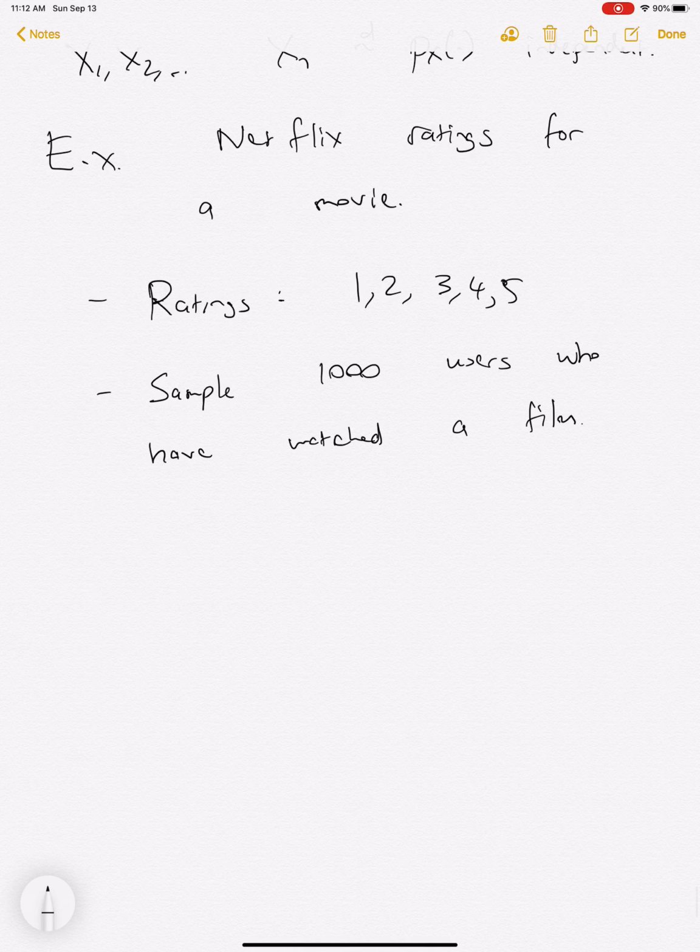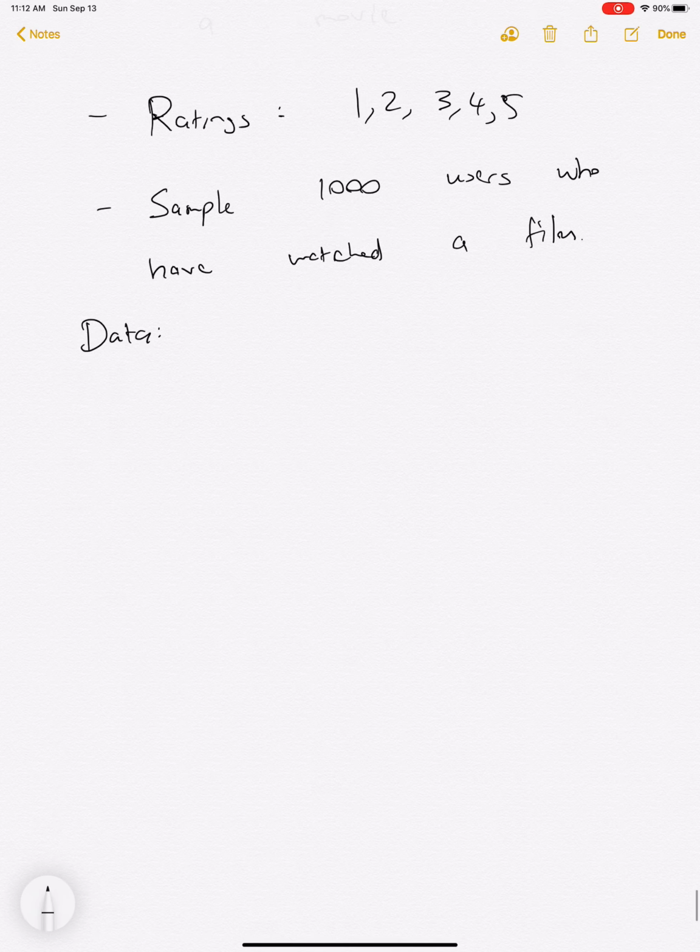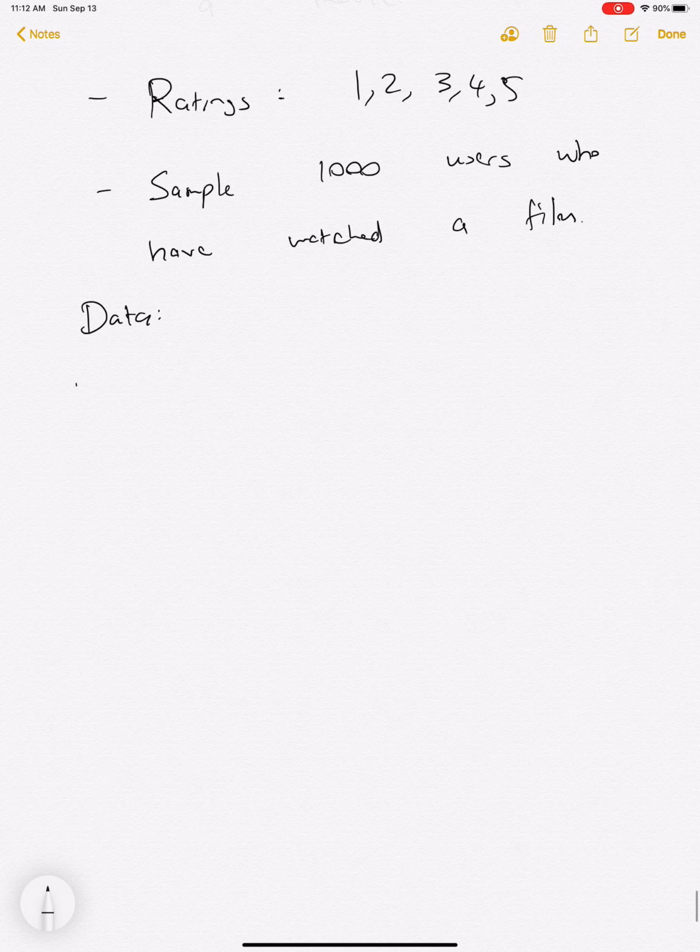So the idea here is that what we have for data is the number of people who rated 1, we'll say it was 270.